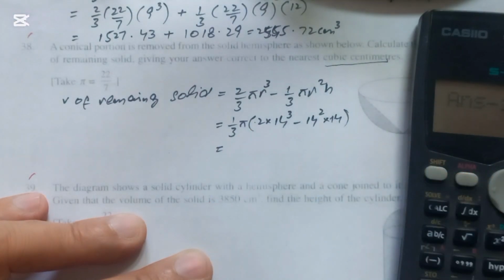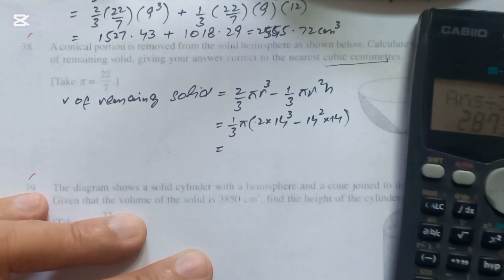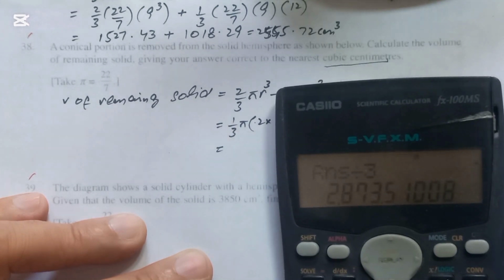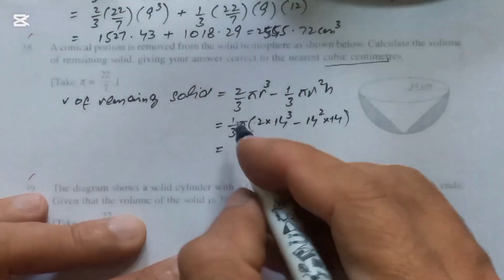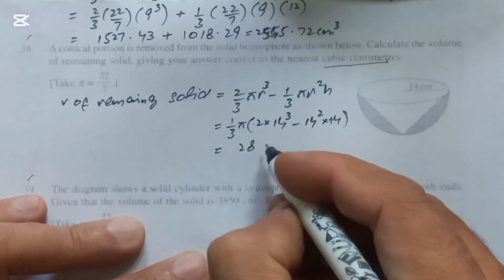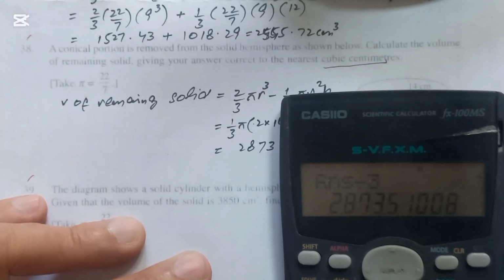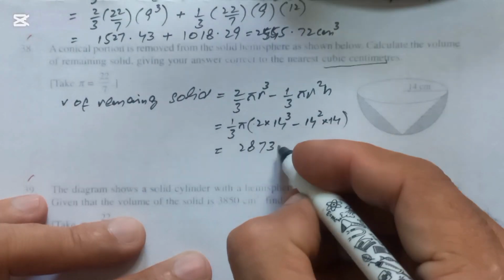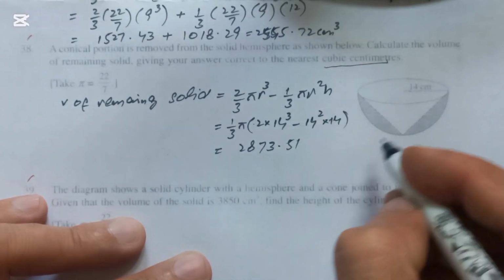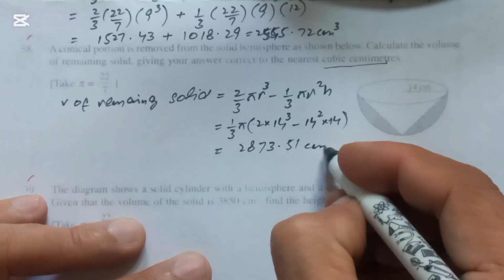Multiplied by pi, divided by 3. So the answer is 2873.51. Unit will be centimeter cube.